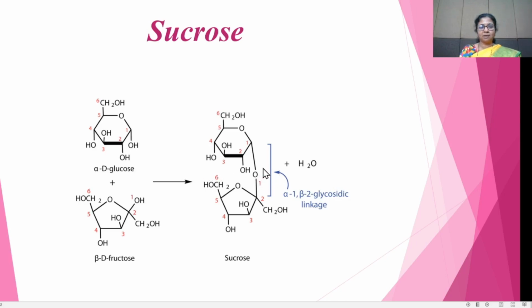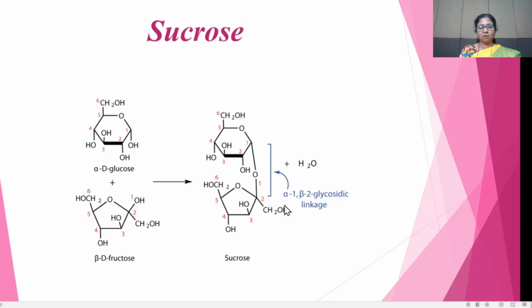This is called the glycosidic linkage. In sucrose, the glycosidic linkage forms between carbon number 1 of glucose and carbon number 2 of fructose. Glucose contains the OH group on the alpha side and fructose contains the OH group on the beta side, and this glycosidic linkage is formed.